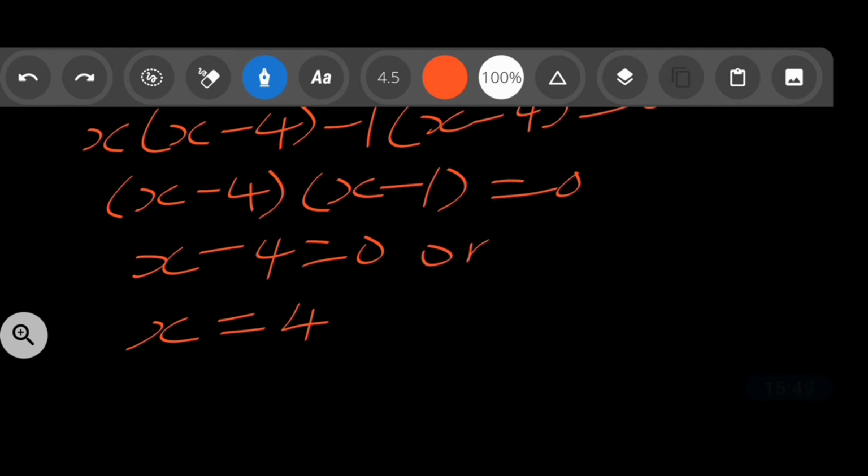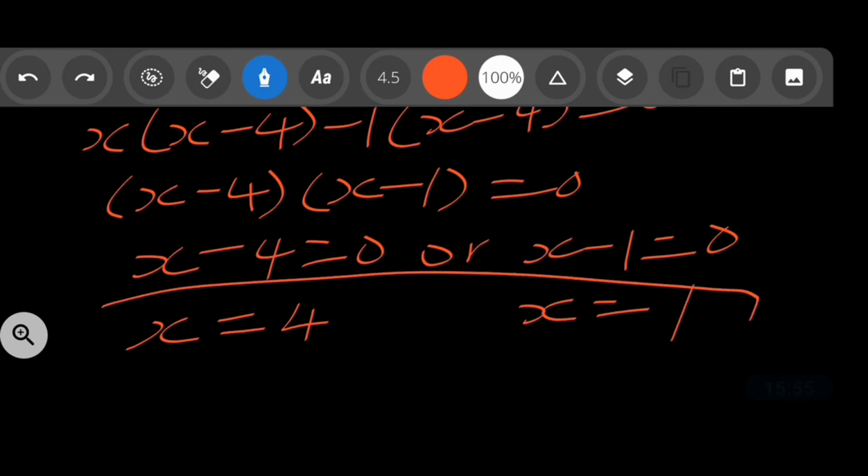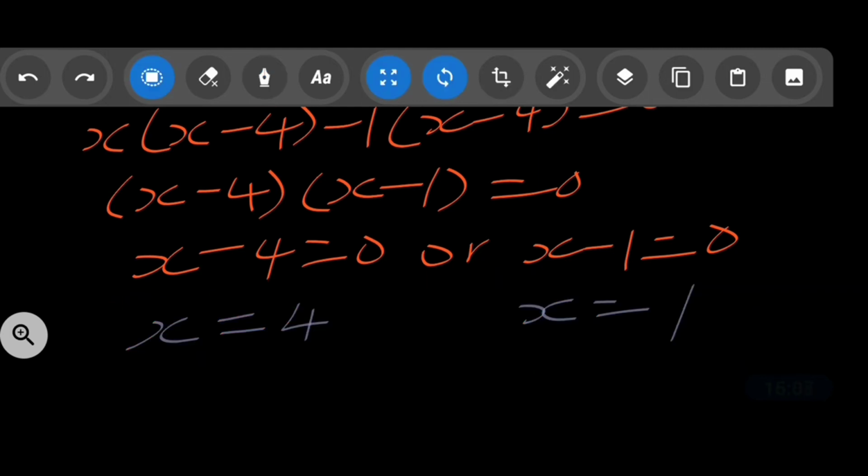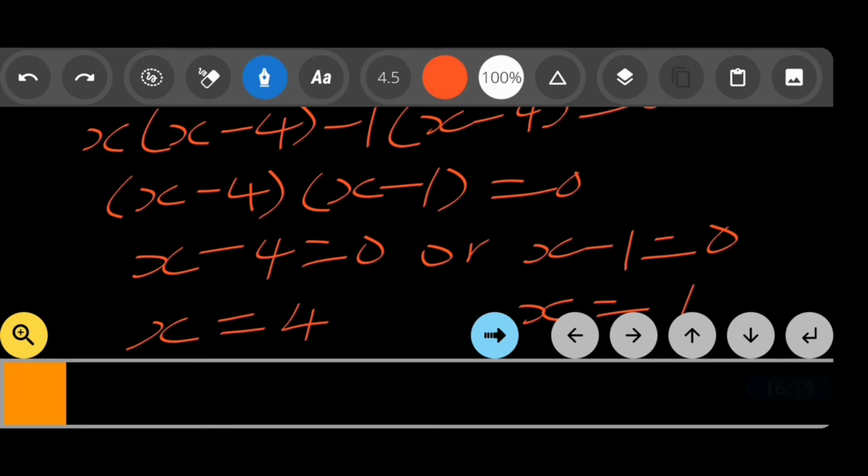Then if x minus 1 is equal to 0, this gives us that x is equal to 1. So these are the two values for which the base is equal to 1. And of course, if the base is equal to 1, then whatever the value of the index is at that point, our left hand side of the equation will always be 1.